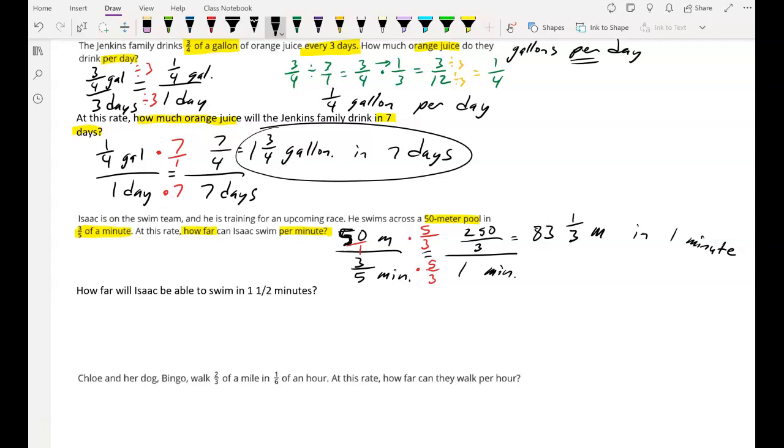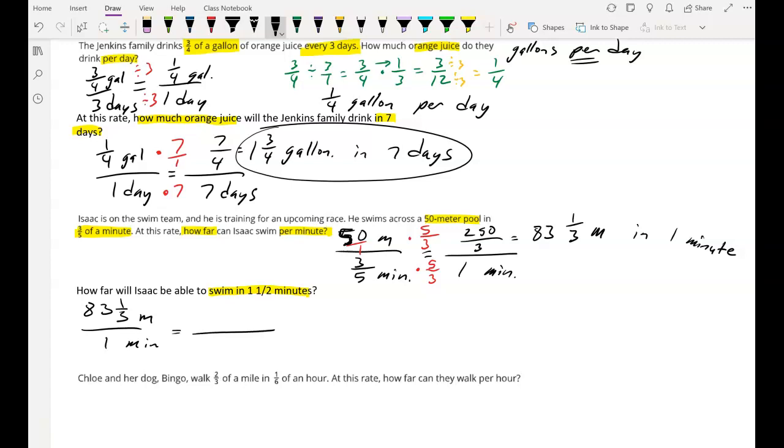So, the next question then is, how far will Isaac be able to swim in 1.5 minutes? Okay, well, then we have to take that 83 1/3, our unit rate here, 83 1/3 meters in 1 minute.